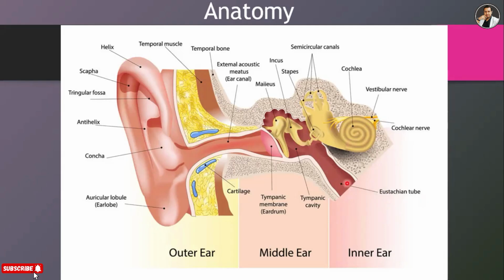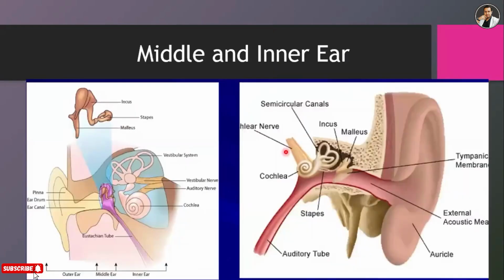This is a canal. This is the inner ear. These are the ear bones, incus, stapes and malleus, the smallest bones in our body.